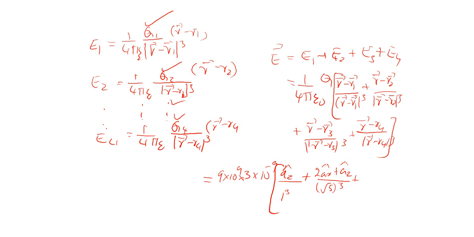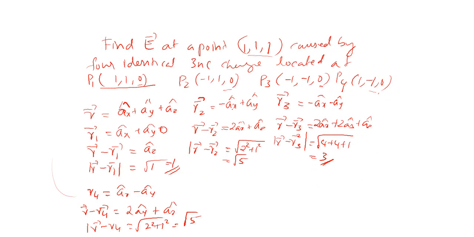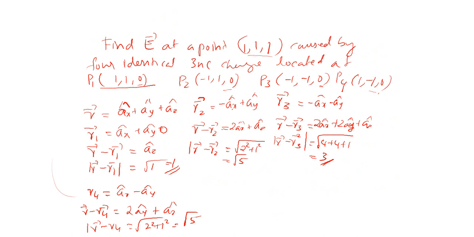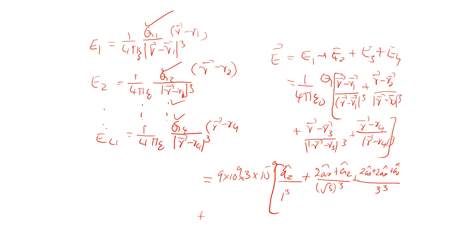Plus r minus r3. R minus r3 is 2ax cap plus 2ay cap plus az cap divided by 3 cube, plus the last term, r minus r4, which is 2ay cap plus az cap divided by root 5 cube.